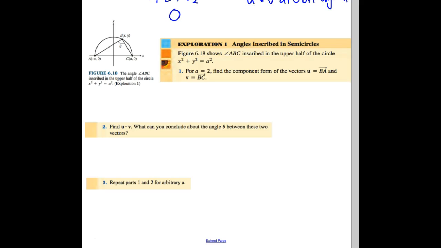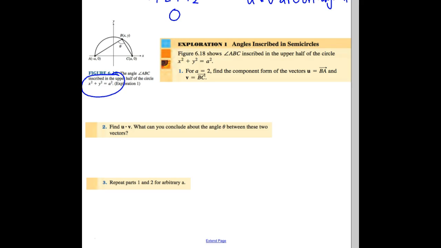We have a point B up here with just generic quadrant components of x, y. And we have listed point A as negative A, 0 and point C as A, 0. I want you to notice right here, what is that? x squared plus y squared equals A squared.